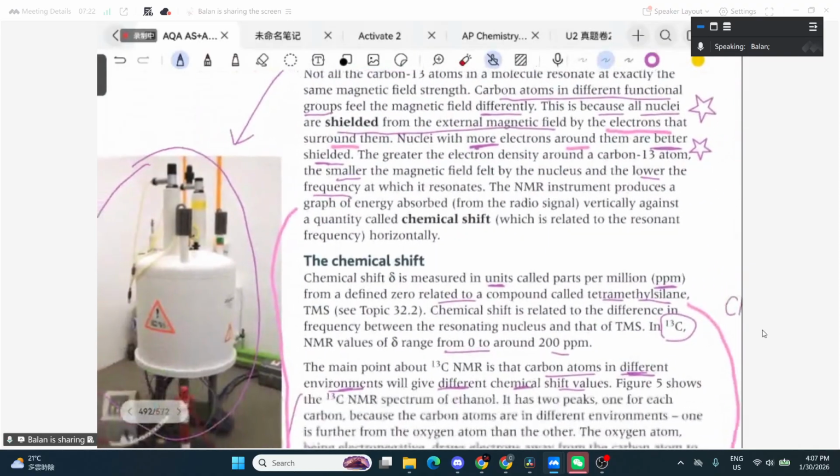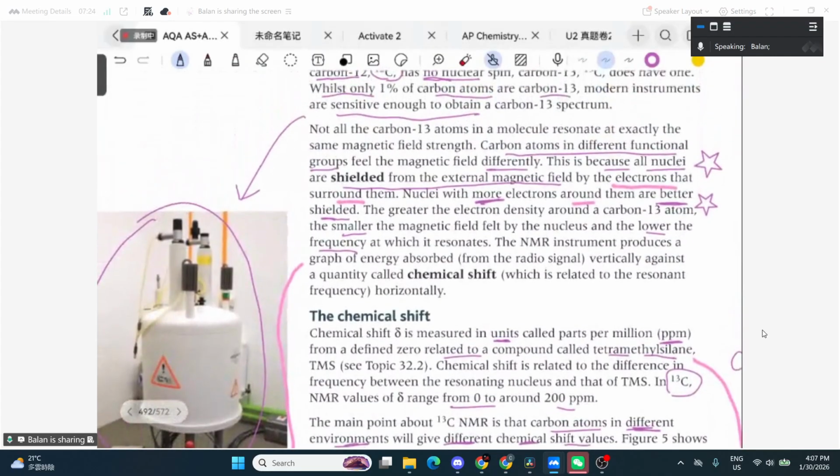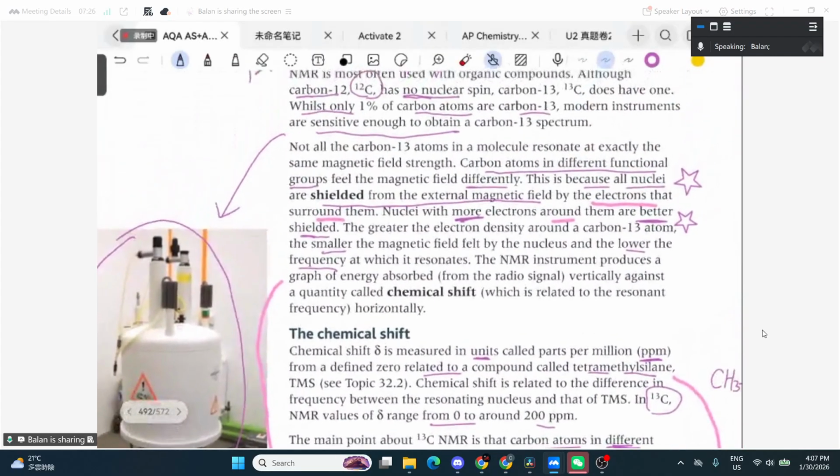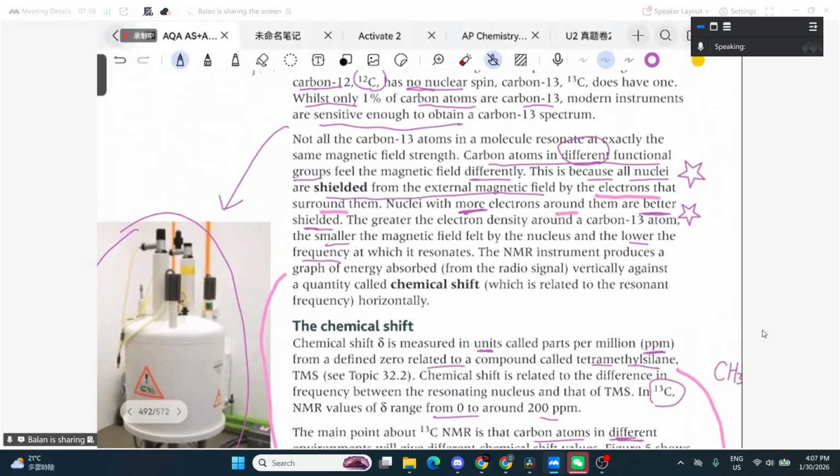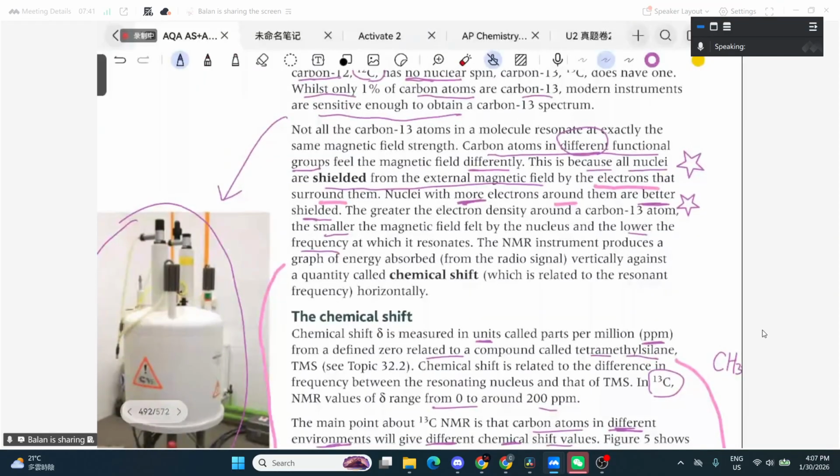Before we look at the spectrum, we need to notice that carbon atoms in different functional groups feel the magnetic field differently. You can think why. They have different electron density.